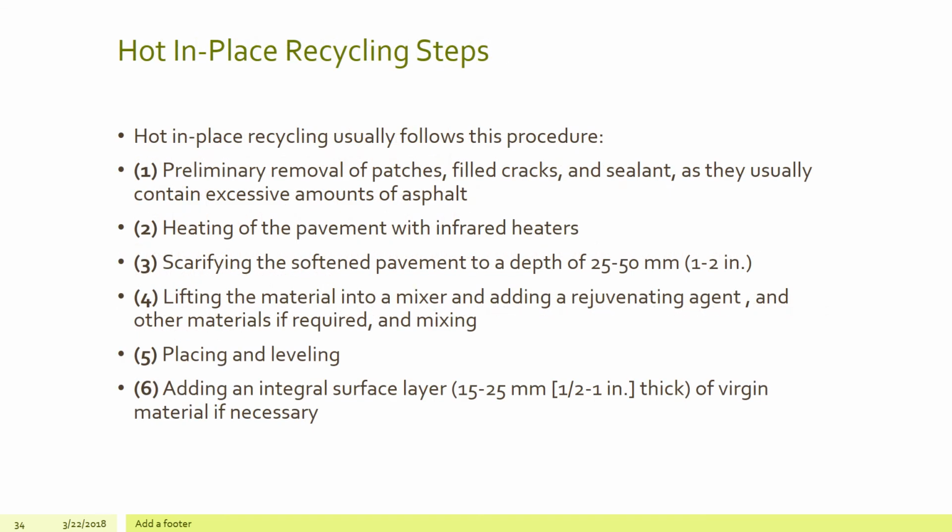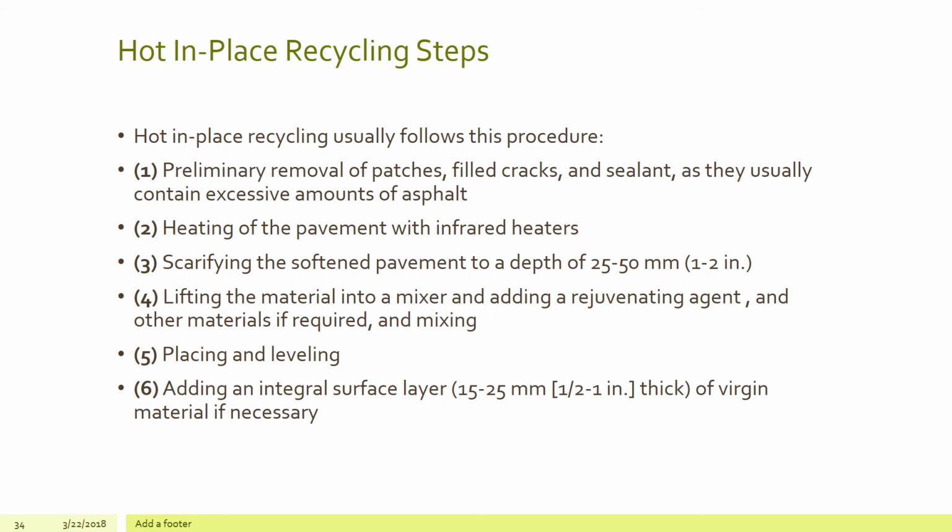Let's take a look at the hot in place recycling steps, and they will follow these procedures. First, in a preliminary step, we're going to remove all the patches, filled cracks, and sealants, as they usually contain excessive amounts of asphalt. Next, we heat the pavement with infrared heaters.